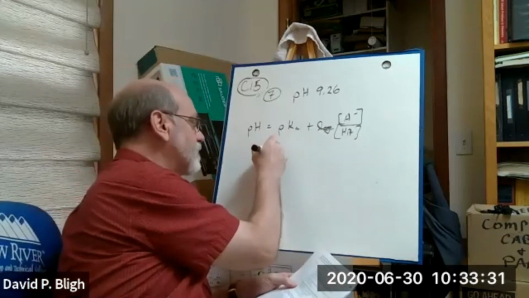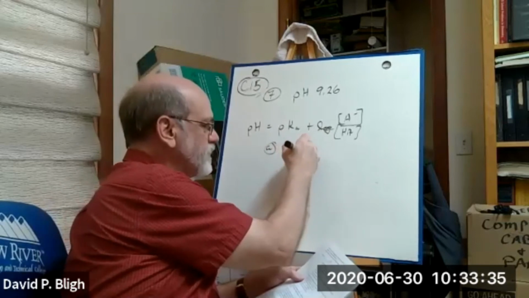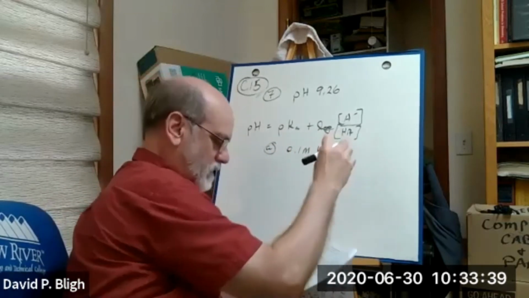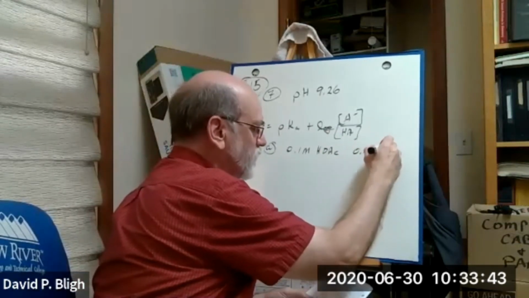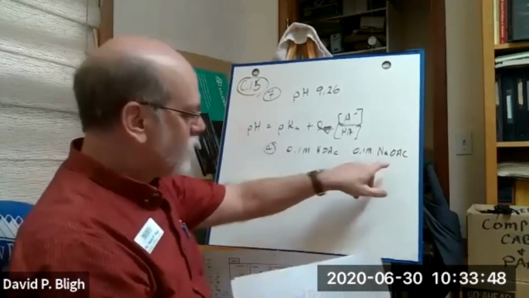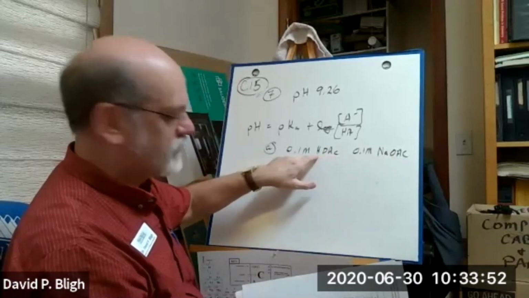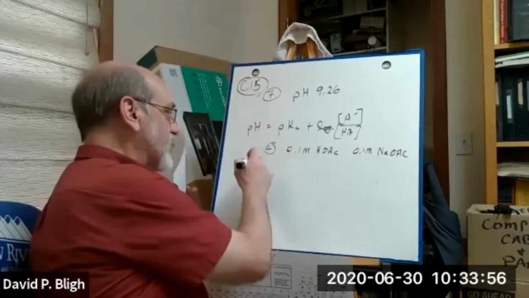Well, A is definitely a buffer because it's 0.1 molar acetic acid and 0.1 molar sodium acetate. Right. So you've got equal amounts of that anion and this acid, conjugate base with acid. So that is a buffer.